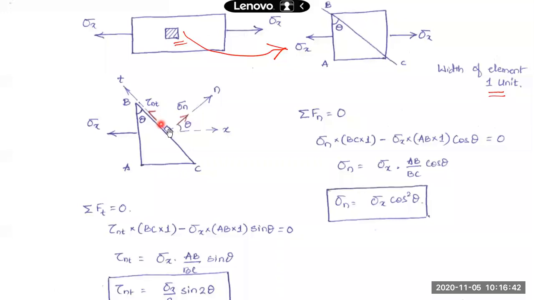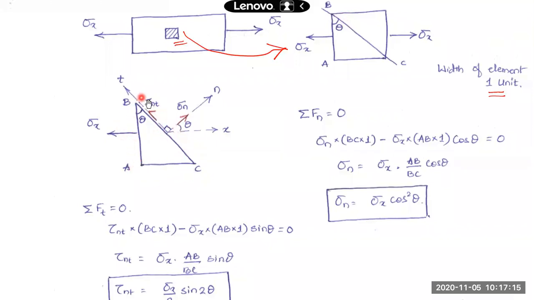Now I'll apply the condition of equilibrium for this element. When a member is under equilibrium, this entire bar is in equilibrium, then each and every part of it has to be in equilibrium. Even if I take this small element out of the bar, it has to satisfy the conditions of static equilibrium, and so does this part ABC.